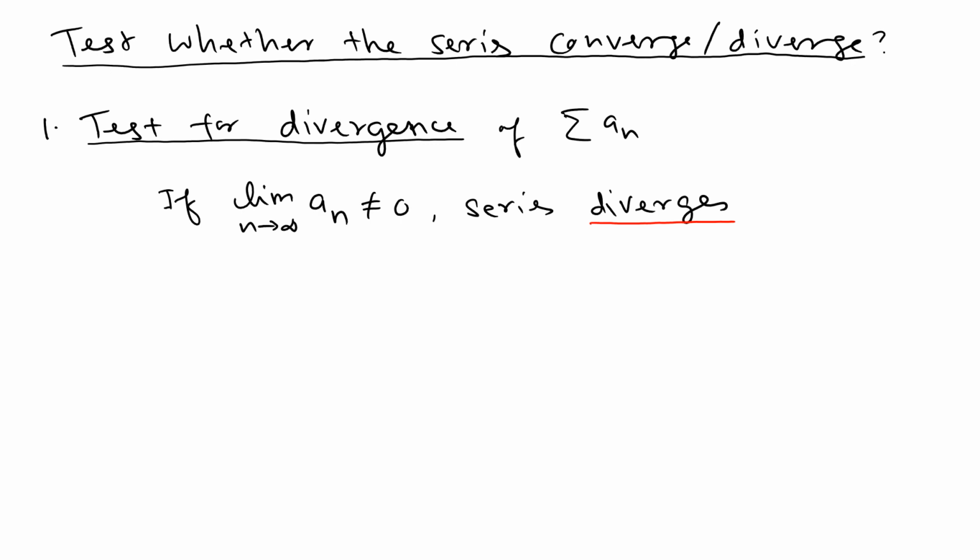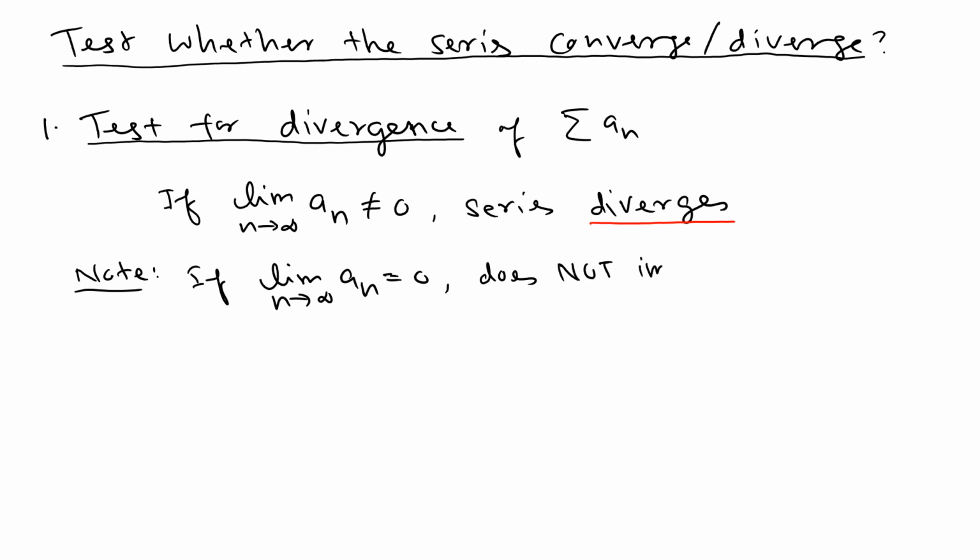So the note is, if the limit as n goes to infinity of a_n equals 0, it does not imply convergence. So please remember that. If it is 0, it doesn't mean anything. But if it's not equal to 0, it means that the series has to diverge.